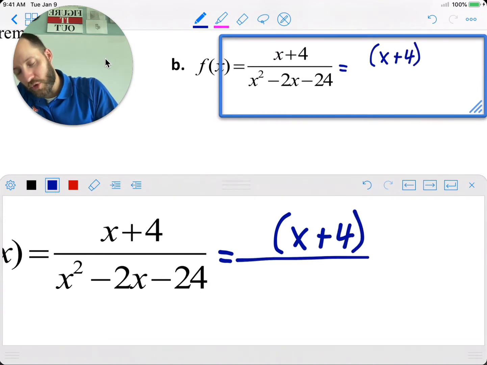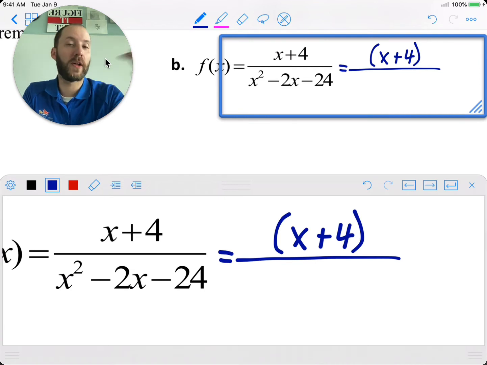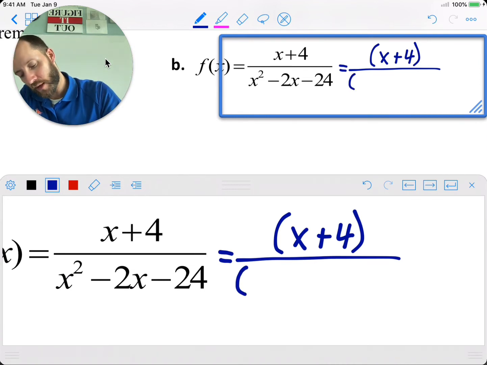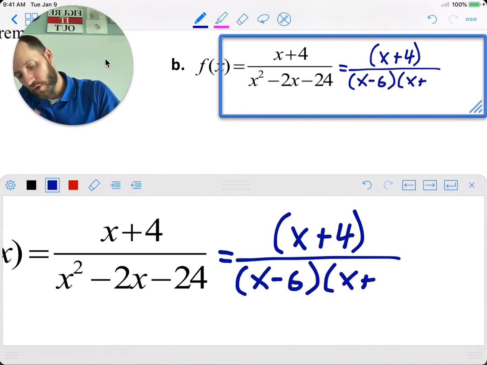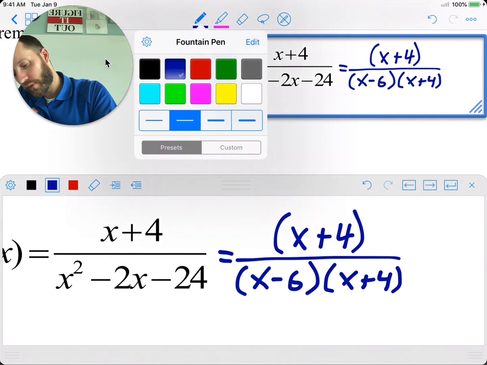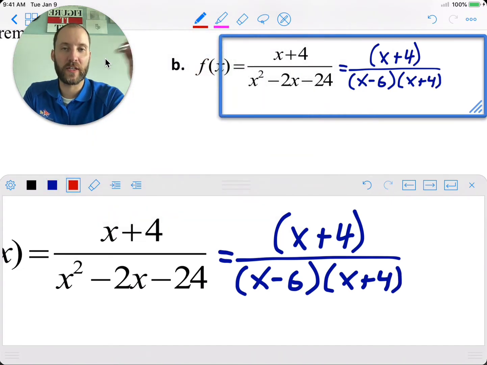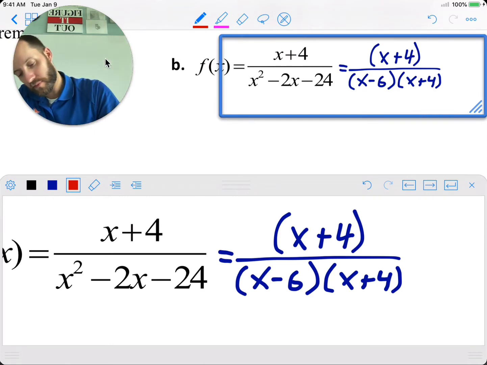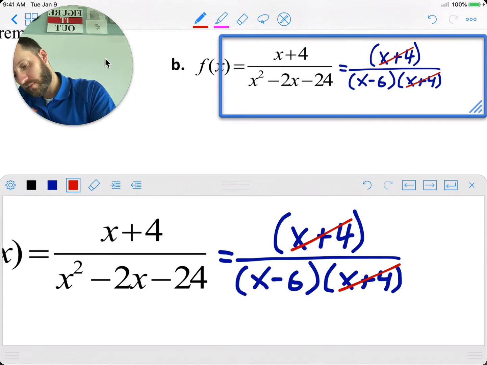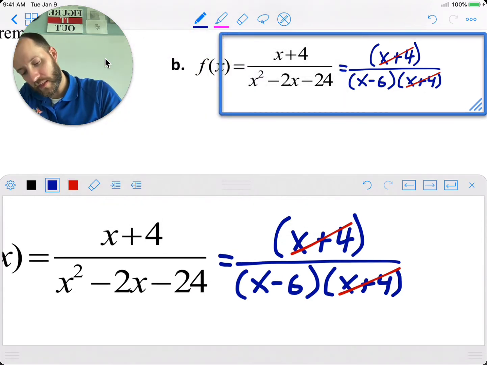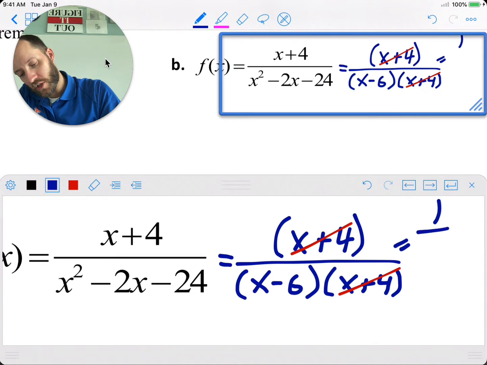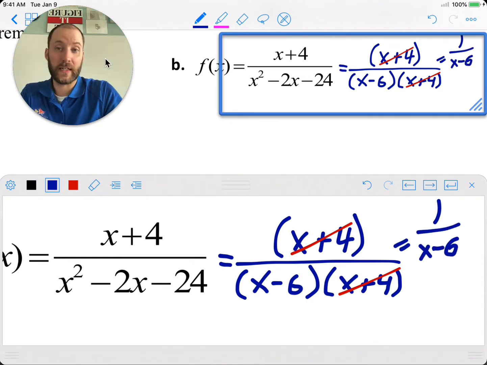In the bottom, two sets of parentheses: what numbers multiply to -24, but add to -2? So x minus 6 and x plus 4. And now we have a common factor in the top and bottom. That common factor is also kind of a problem. You can get rid of it. Just left with 1 over x minus 6.